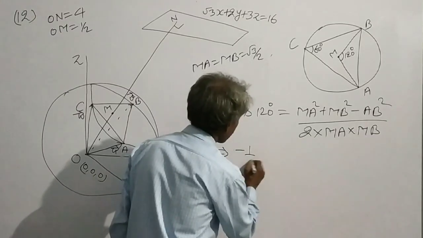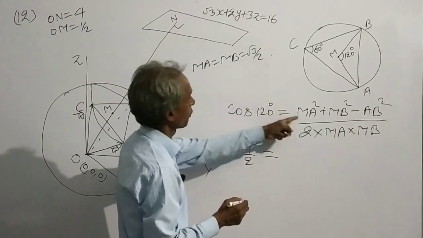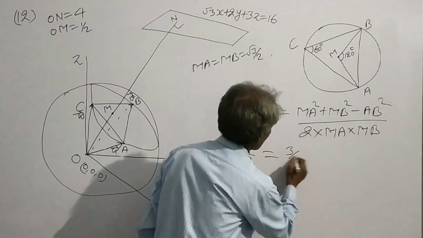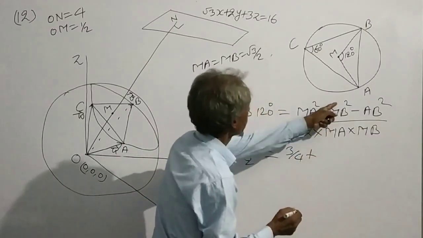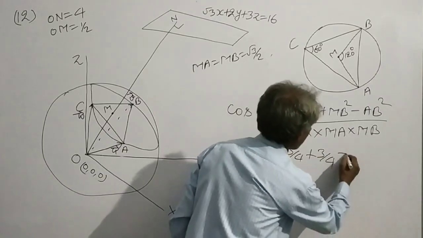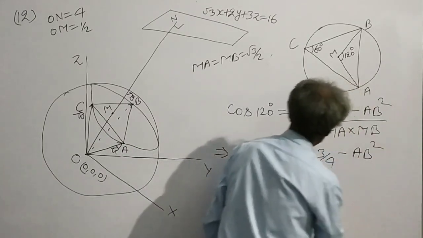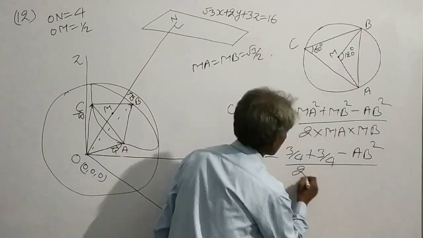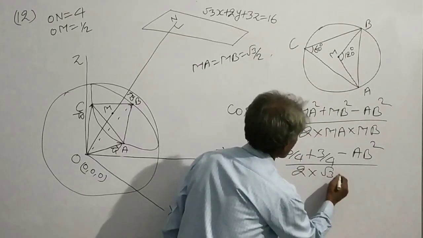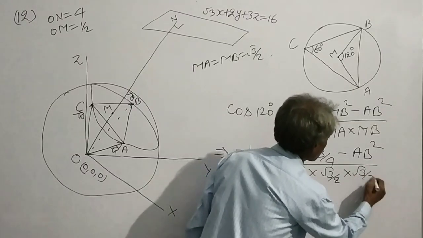This implies minus 1 by 2 is equal to MA square, which means 3 by 4, plus MB square, which means 3 by 4, minus AB square, divided by 2 times root 3 by 2 times root 3 by 2.